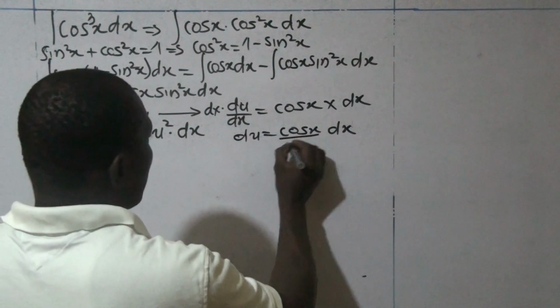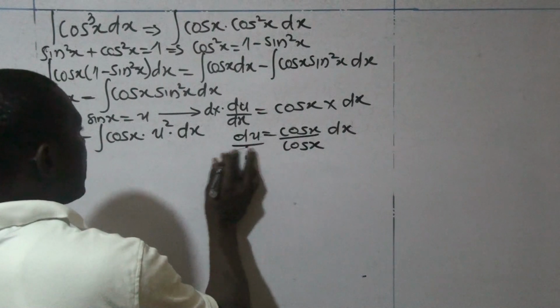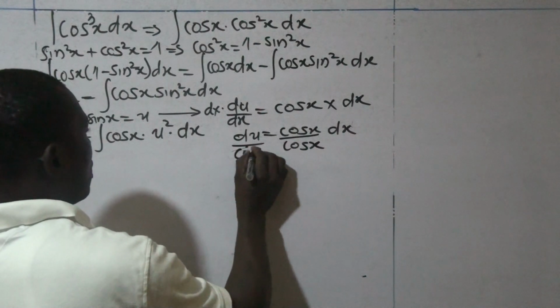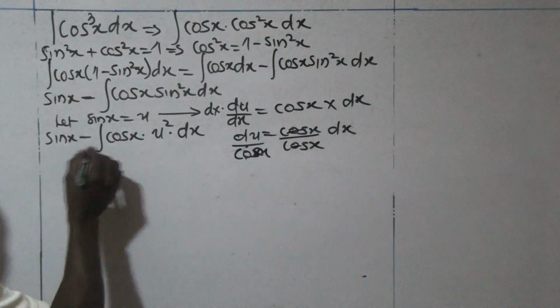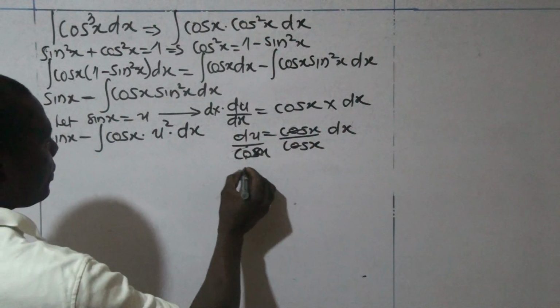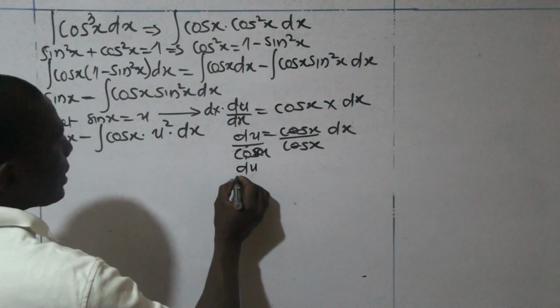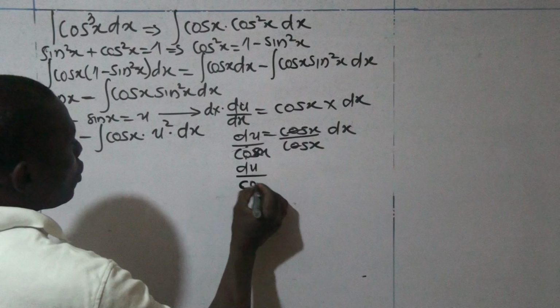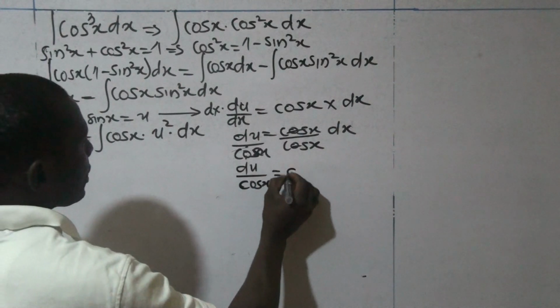Next, we divide both sides by cos x, so that dx is equal to du over cos x.